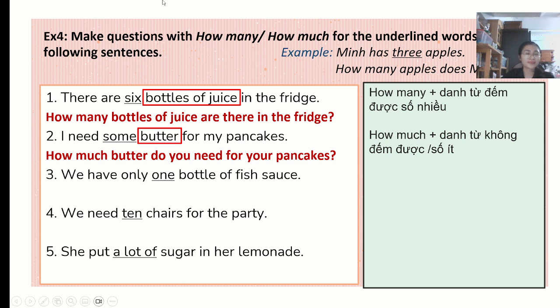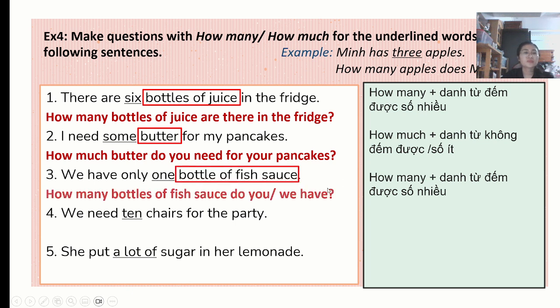Number 3, look at the underlined words. 1 means you can count, and bottle is a countable noun. With a countable noun, you can use how many. And our answer is: How many bottles of fish sauce do you have, or do we have? After how many is a plural noun, so we need to add s after bottle.